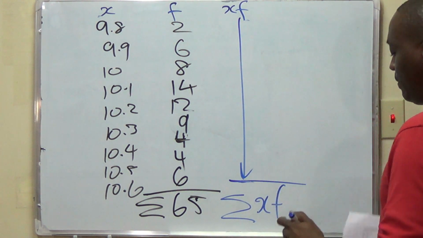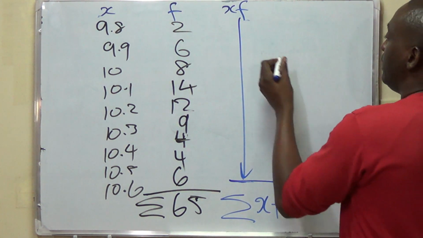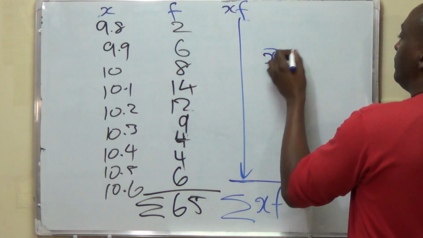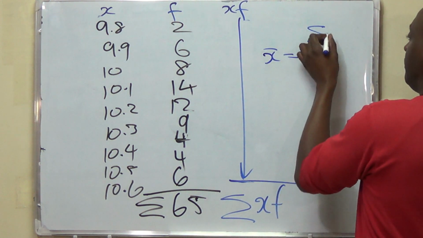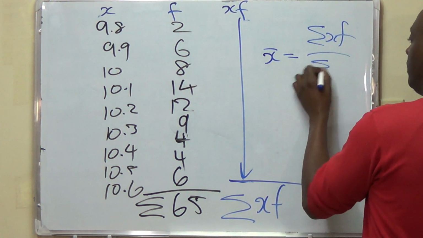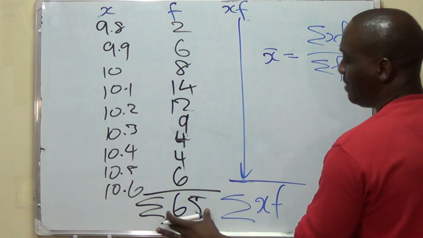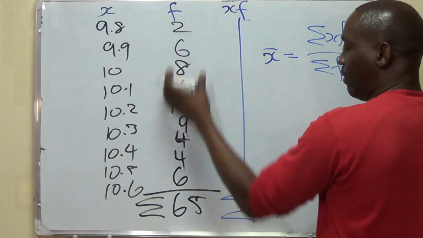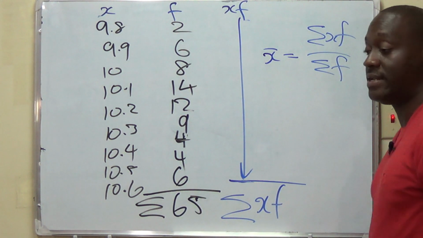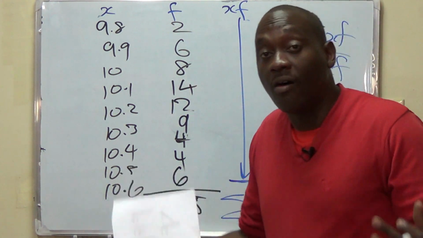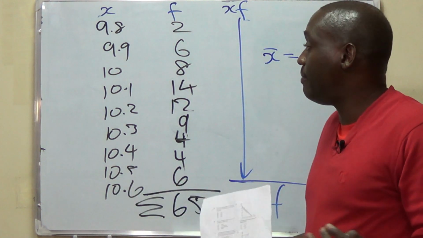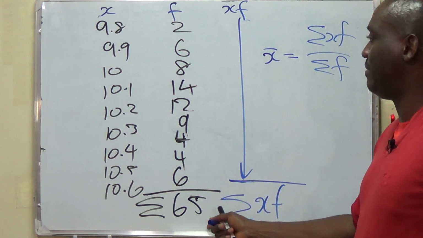So your mean, X bar, would simply be the sum of XF over the sum of F. The sum of all the frequencies is a fancy way of saying the number of measurements, which in this case is 65.